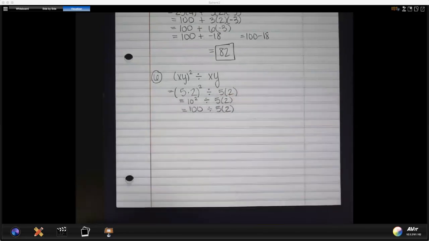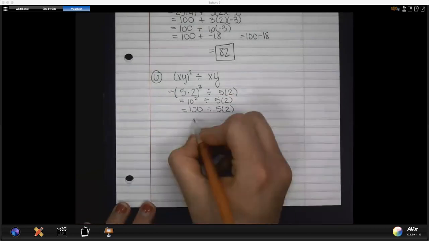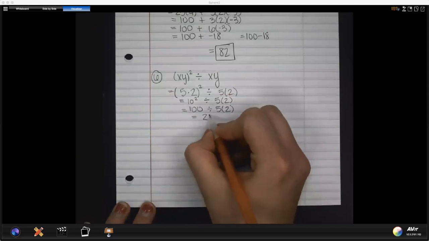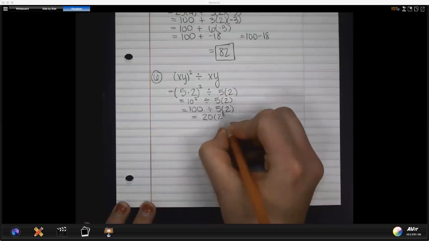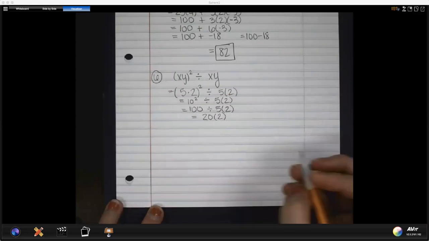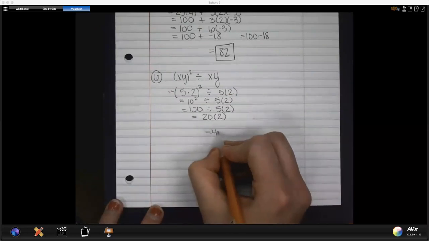What should be done next? 100 divided by 5 is 20. And 20 times 2 is 40.